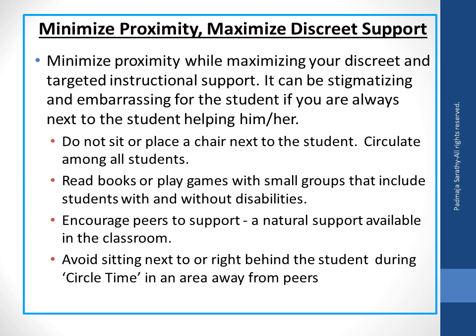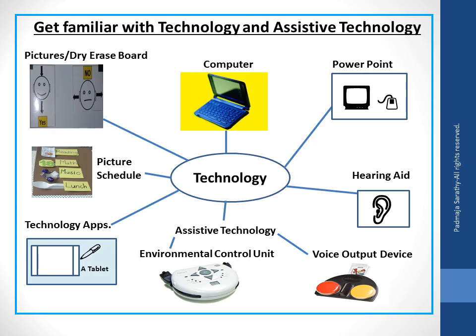For example, during transitions, if a child has difficulty walking in line or moving quietly or has a tendency to run, can the teacher provide another peer to hold the child's hand, or give them something to carry together, so that those things help minimize that proximity?